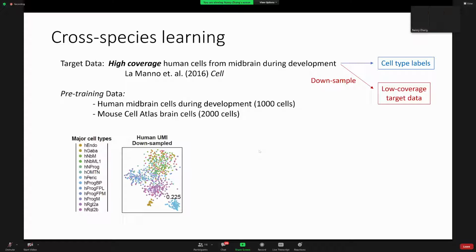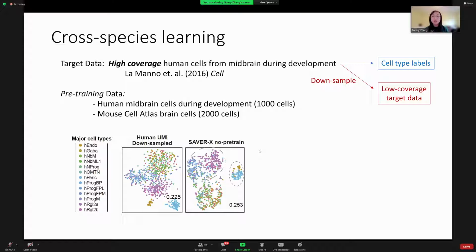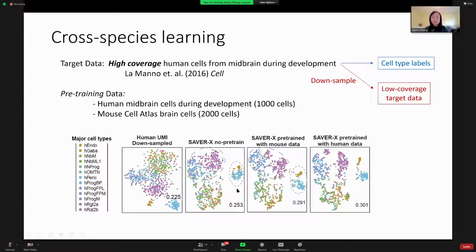You see that all the cell types are mixed together. If you were to apply the autoencoder-based denoising method to it without any pre-training, you do get slightly better cell type separation. But let's see what happens when you pre-train on either the human or the mouse data.